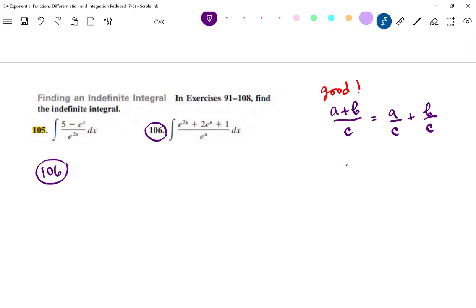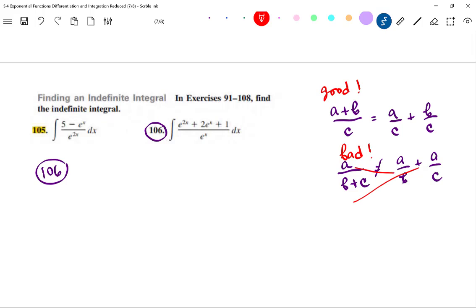It's a problem when it's a over b plus c, because we cannot do a divided by b plus a divided by c, so that's bad. So every time you have an opportunity to simplify, you're going to simplify.